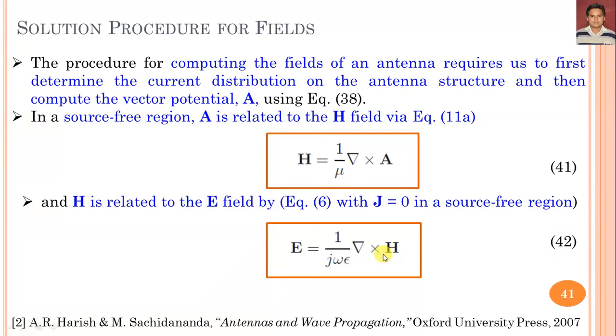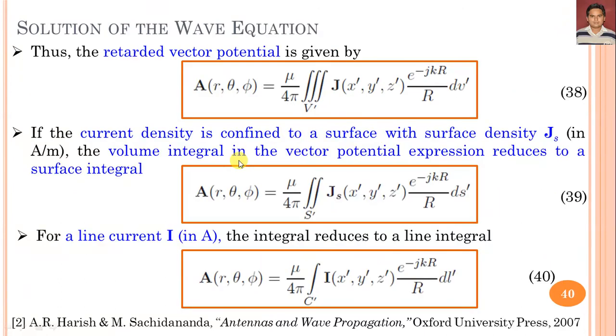In this lecture we have discussed computing the field radiated by electric and magnetic sources, considered as point sources, through which we can calculate the vector potential function, and then the radiated field by using expressions 41 and 42. A similar approach applies in the case of a magnetic current source, and by using the duality theorem we can calculate the solution of the wave equation as given in equations 38, 39 and 40.